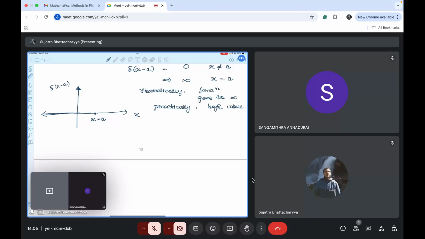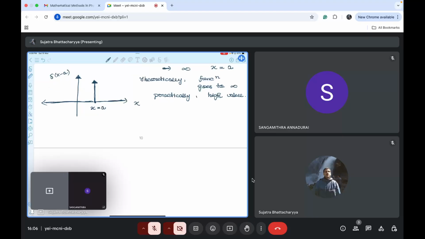Everywhere in its locality it is 0, but it spikes here at x equal to a. This is a sudden spike, so this means that it is tending to infinity. So this is your Dirac delta. At x equal to a, it is tending to infinity or a very high value, but in all other cases it remains 0.